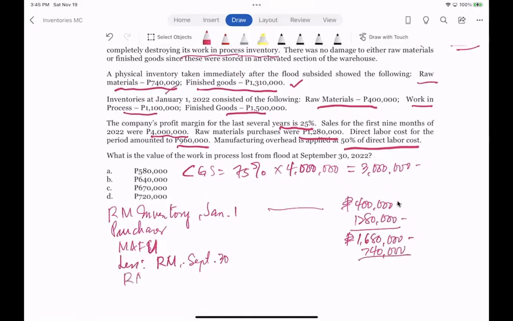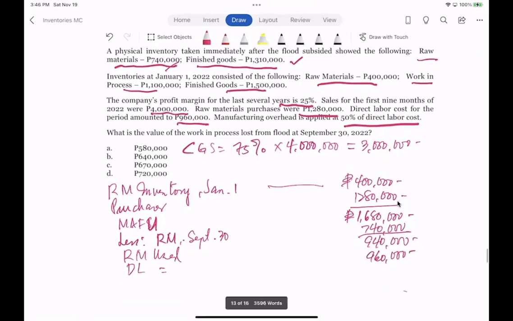Therefore, raw materials used: 1,680 minus 740, that's 940. Add the two elements of cost. We have direct labor, which amounted to 960.